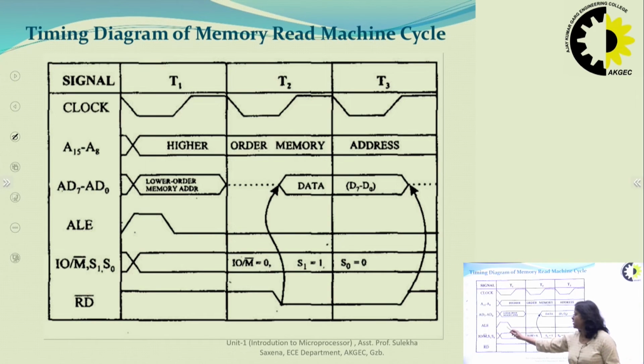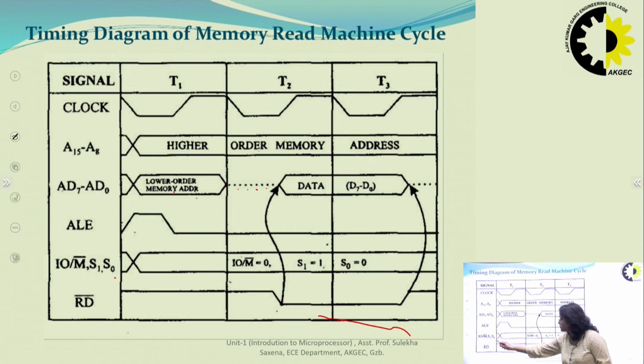Then during T1, ALE will be 1 and the low order address is available on AD0 to AD7. After that, since we are using a read operation, data is moving from memory to the microprocessor, and memory is slower. So there is a floating state, and after that, once the read signal becomes low, the data is available on the data bus.